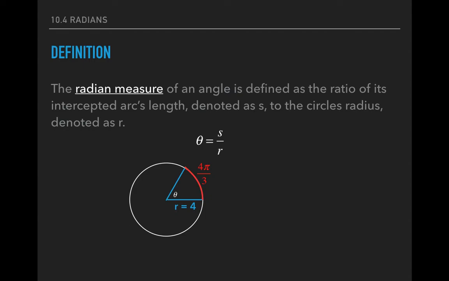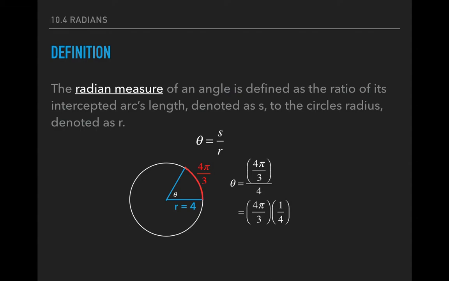So let's try and find what theta would be in radians. We would just take our arc length, which is 4 pi over 3, and divide it by 4. Now, with a fraction divided by something, instead of dividing, we multiply by the reciprocal of that denominator.